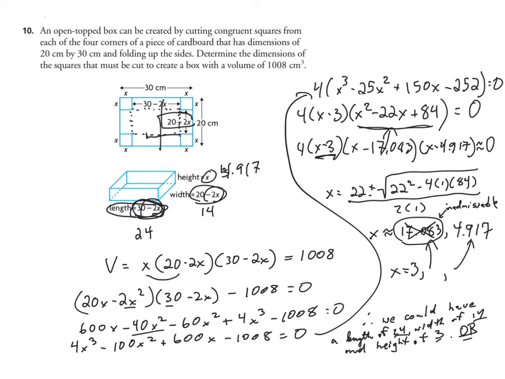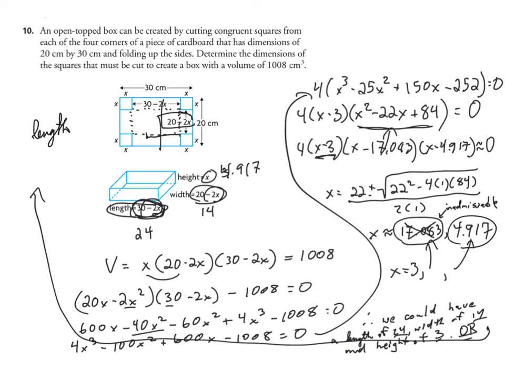Or we could have, here, let's do this. I'm going to do this way over here. Length of 30 minus 2 times that.